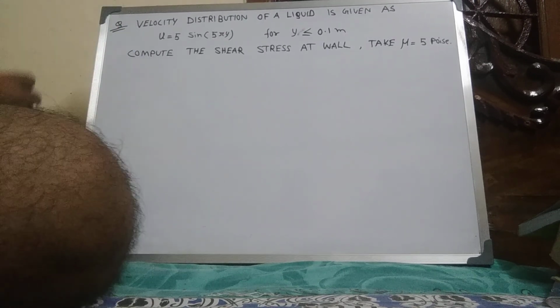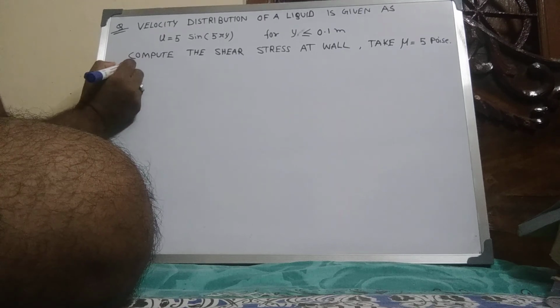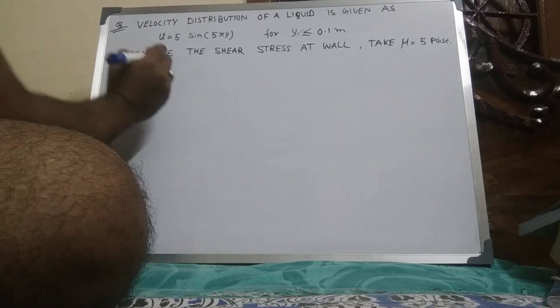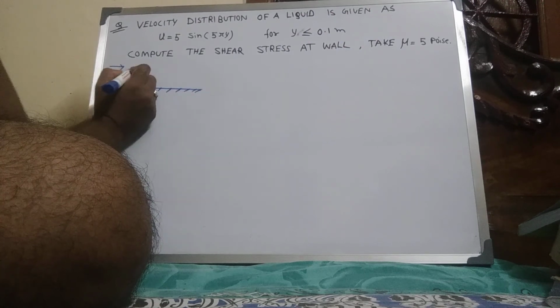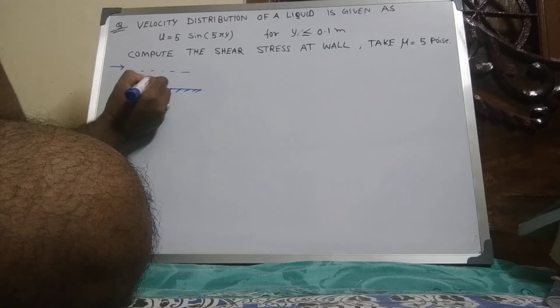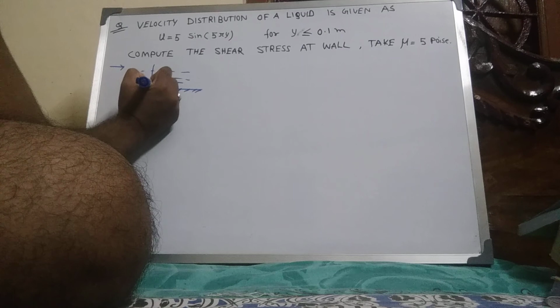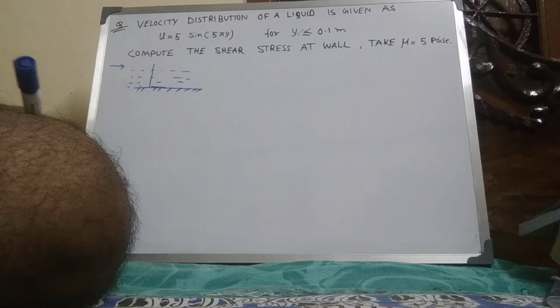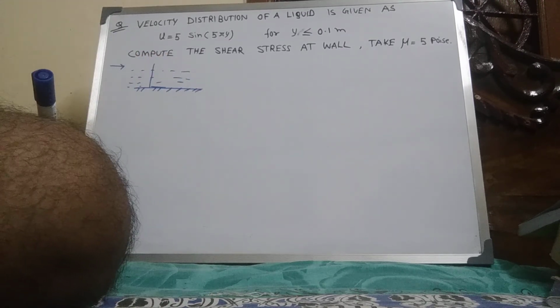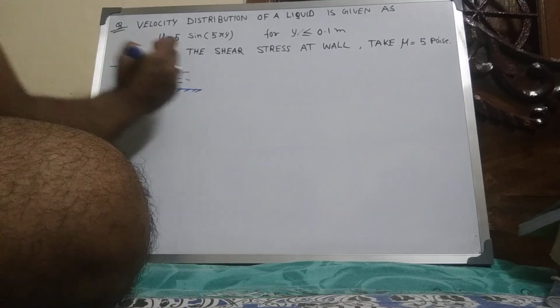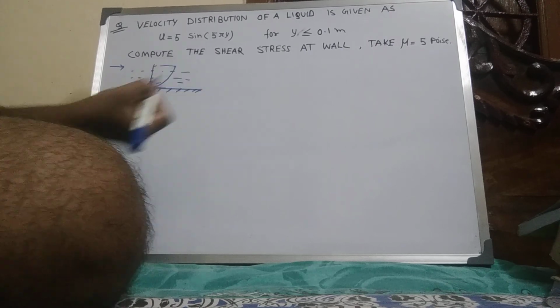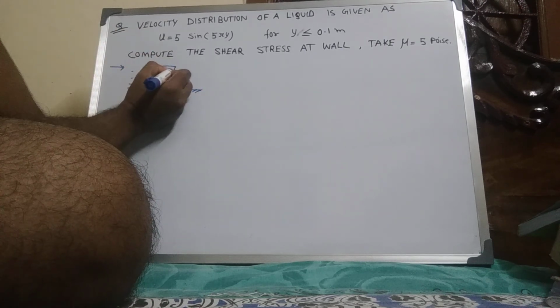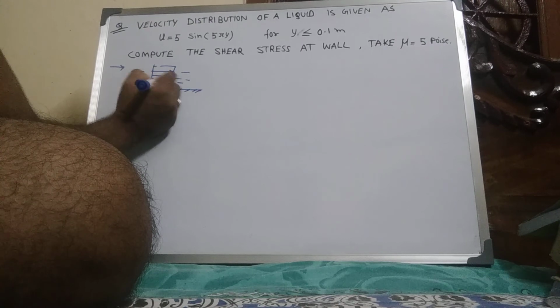Now we know, suppose this is solid boundary, and liquid is flowing, and this is the perpendicular direction of flow y, and the velocity distribution is this type.